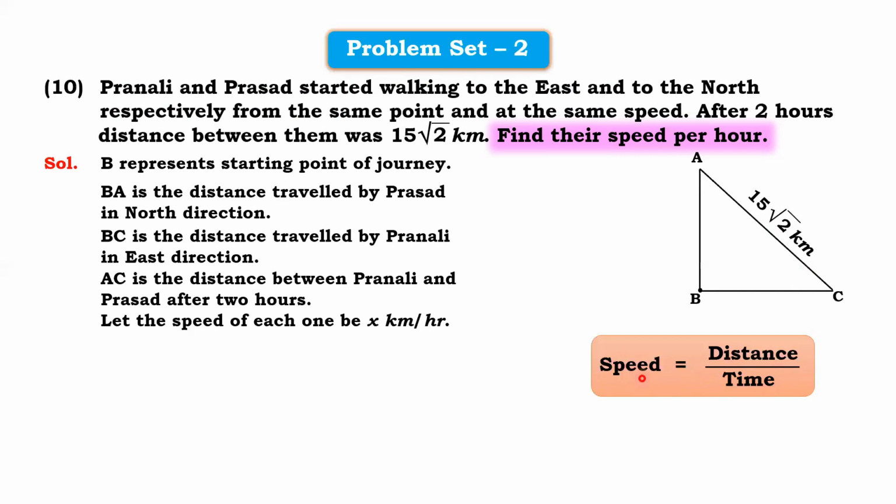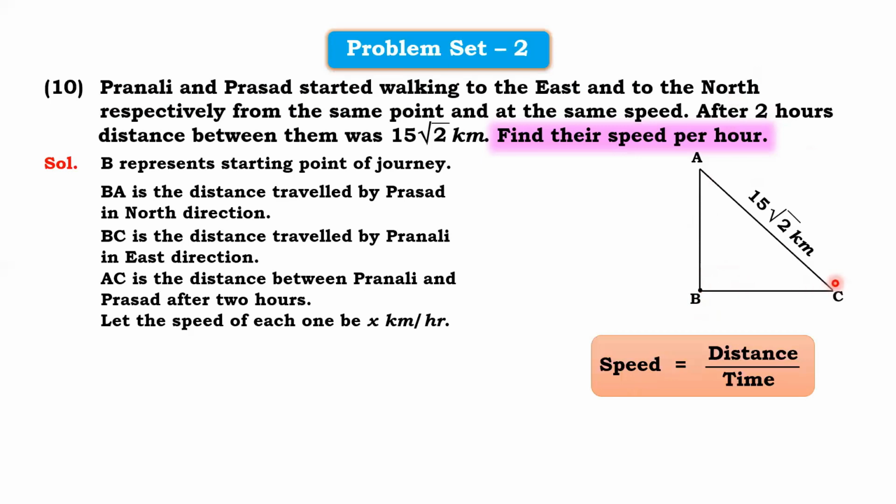So students, we all know both Pranali and Prasad traveled at a speed of x kilometers per hour. And both of them traveled for 2 hours. Because here it is mentioned after 2 hours. So from B to A, the time taken was 2 hours. From B to C, the time taken was 2 hours.